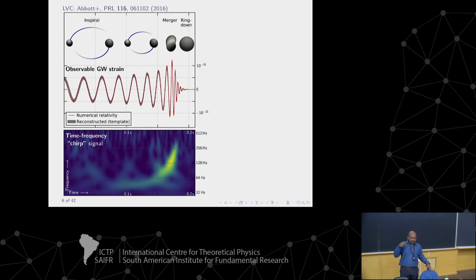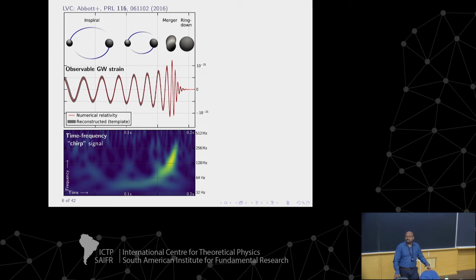Due to this energy loss, it has been falling in, and as it has been falling in, it is moving faster and faster. So it goes through the final cycles of inspiral and then plunges into a merger. And finally, one black hole is formed, which slowly settles into its final state, giving out the last bits of gravitational radiation.